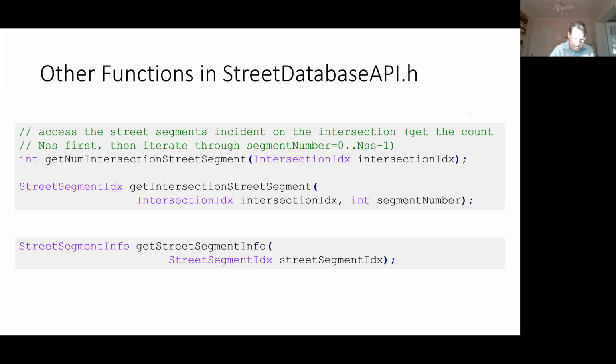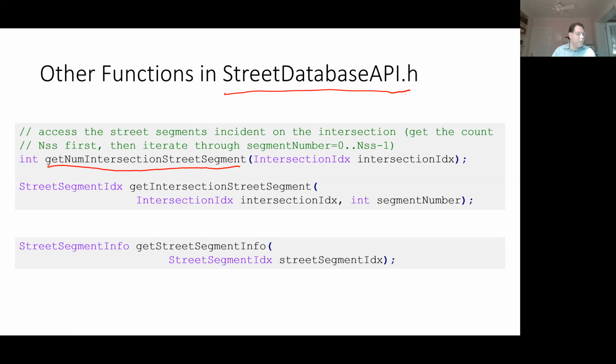We can get various information by making calls to this street database API. There's one function in StreetsDatabaseAPI.h called get num intersection street segment. These names are kind of long, but I'll show you in another slide how to interpret them. Part of the purpose of this milestone is to get you used to talking to this streets database API that we wrote.